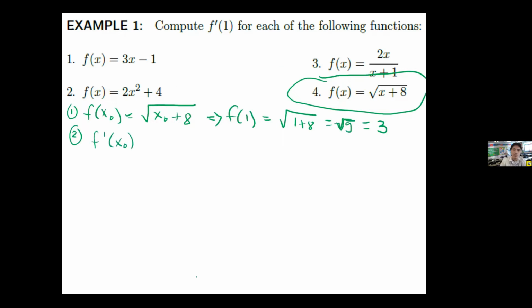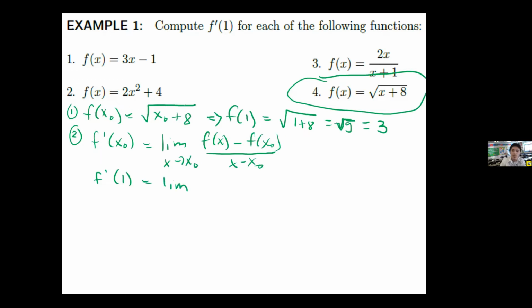The formula is the limit of f of x minus f of x sub 0 over x minus x sub 0 as x approaches x sub 0. And since we have x sub 0, we will solve for f prime of 1, simply substituting f of x.